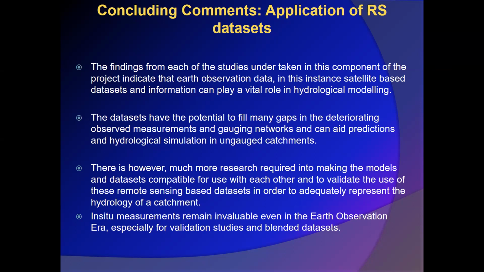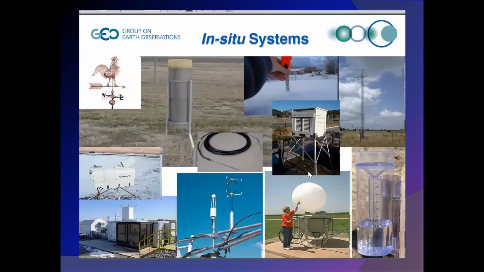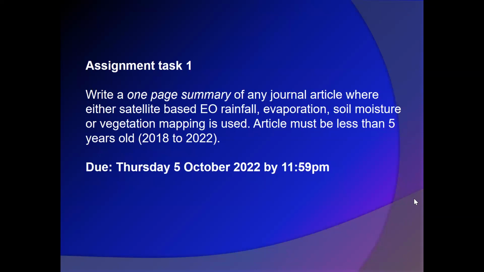And I think this is what's going to help us if we continue this type of work and make sure that we have our invaluable validation data sets available to us. All right, so this is just an example of some of the in-situ systems. They're always going to be around, and they have an invaluable role to play in our work.